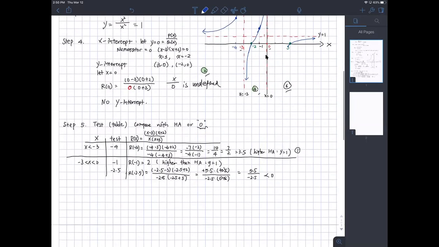So in this case I'm gonna try one more number, when x is greater than 0. So let's try 2.